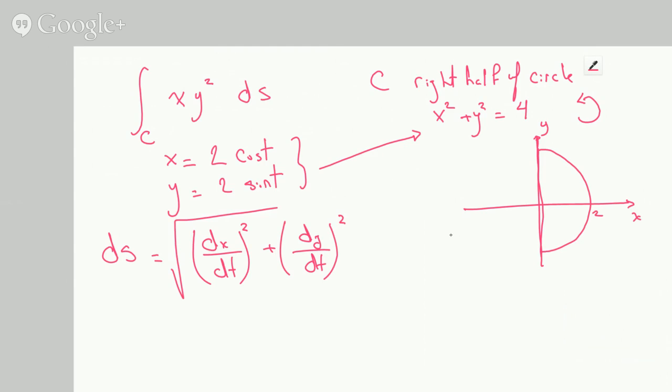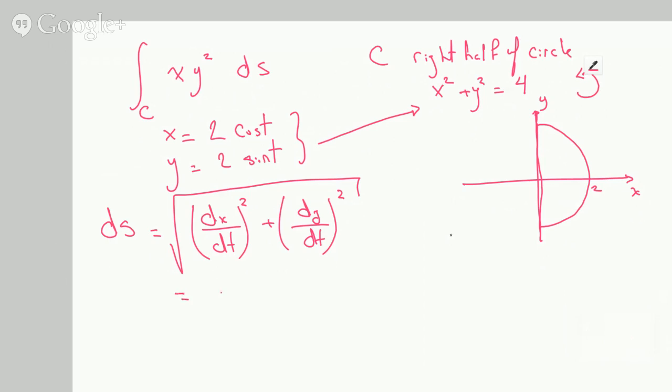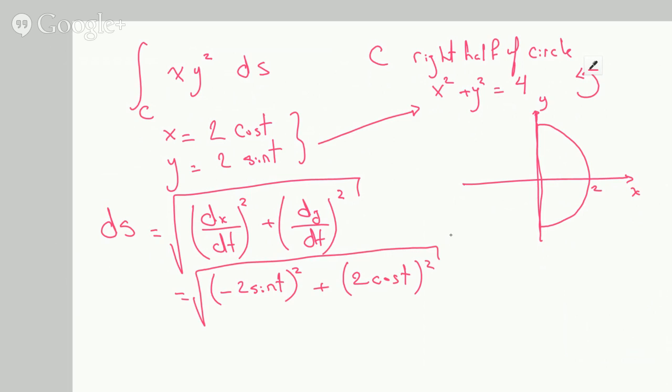And so dx over dt will become minus 2 sine t, that's the derivative of x, and dy over dt is 2 cosine t, squared, and square root. And of course, when you square them and add them, you will get 4 times sine squared plus cosine squared, which is 1. So you get 4, square root of 4 is 2.